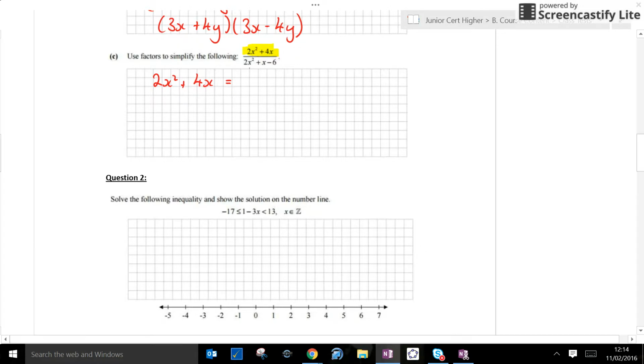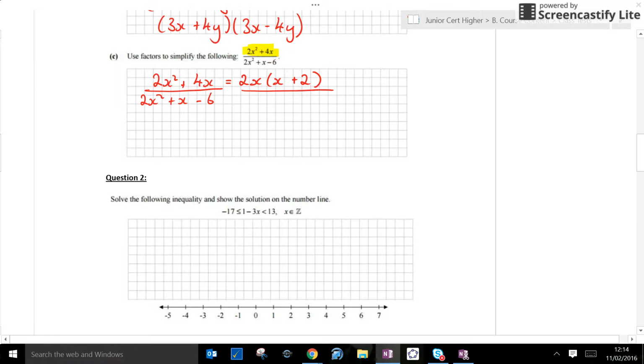What's common to 2 and 4 is 2, and the common factor to x squared and x is x. So 2x squared divided by 2x is x, and 4x divided by 2x is 2. And that's all over the quadratic trinomial 2x squared plus x subtract 6.